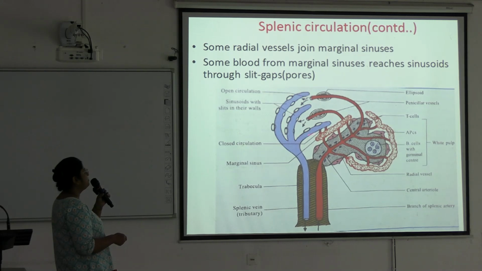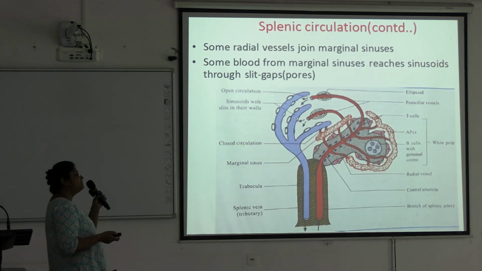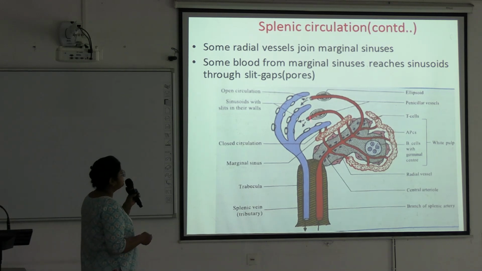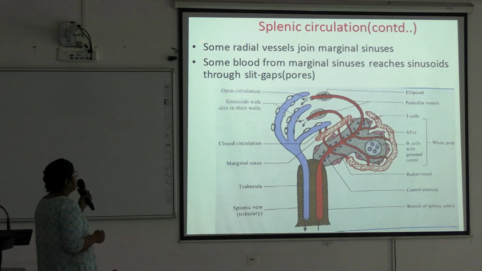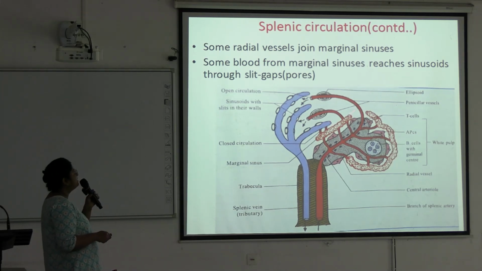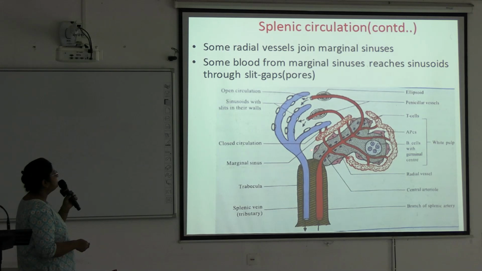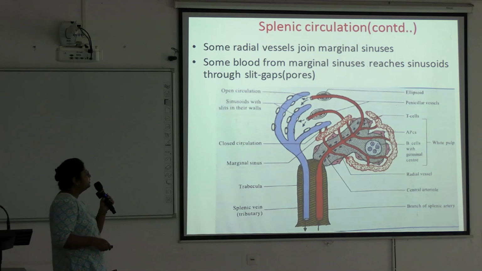So here it is forming the open circulation. Most of the blood, 90% of the blood, passes through this closed circulation. Some radial vessels join the marginal sinuses. Some blood from the marginal sinus reaches the sinusoids through the slit gaps or pores. Next.